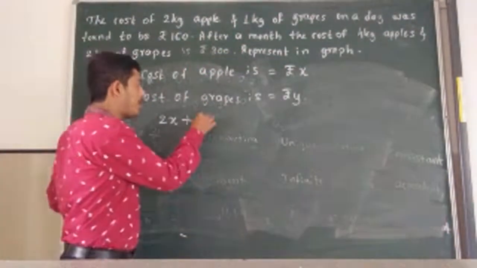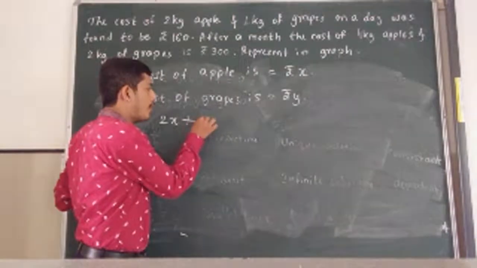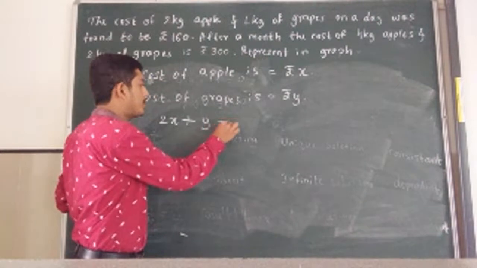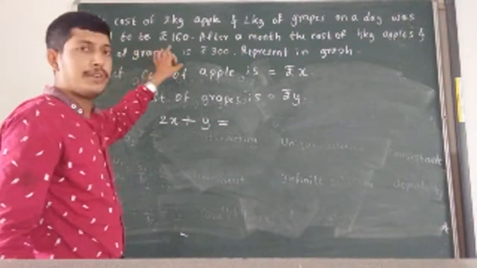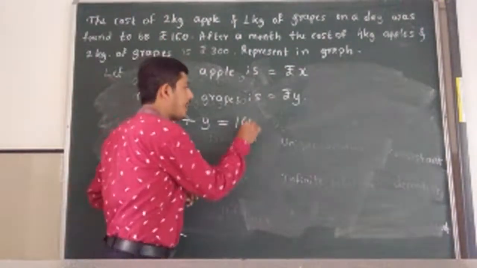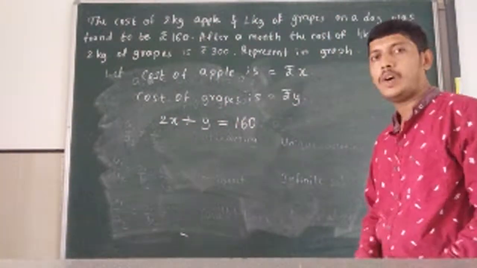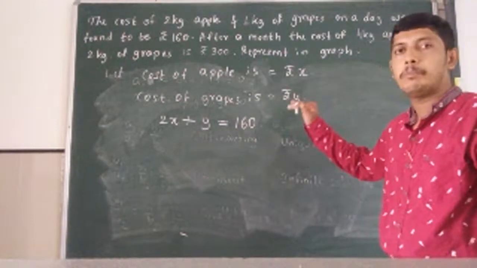The quantity is 1 kg, so no need to write it, and the cost of grapes is rupees y. So it becomes 2x plus y, and the cost of 2 kg of apple and grapes is rupees 160, so the right hand side becomes 160. This is the first mathematical expression.